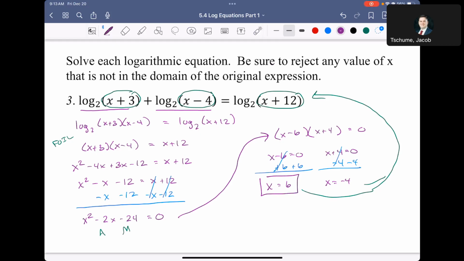Does negative 4 work? Well, negative 4 plus 3 is not a positive number. So immediately on the very first one, I know that it does not work, and I can therefore cross it out as one of my solutions. And so one of those things to be aware of is in these logarithmic equations, there is a chance that you could get multiple answers in the algebra, but usually one of them does not work when you double check it with the original problem.